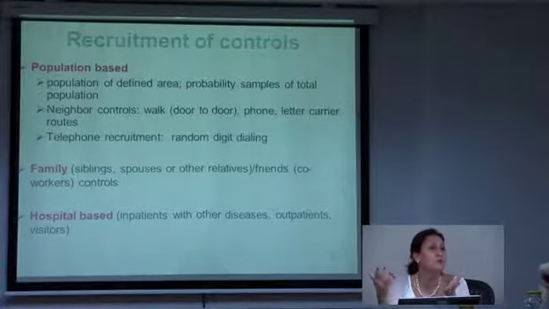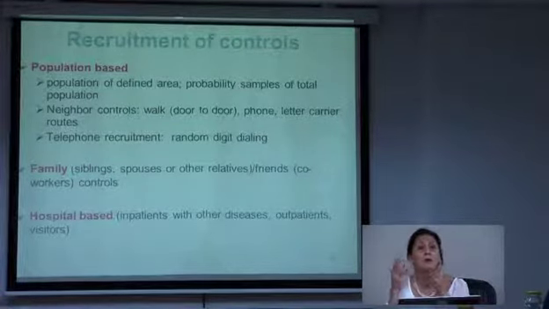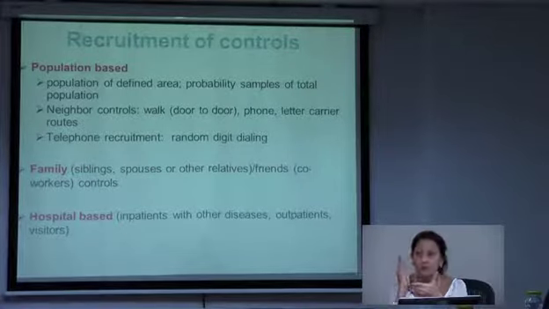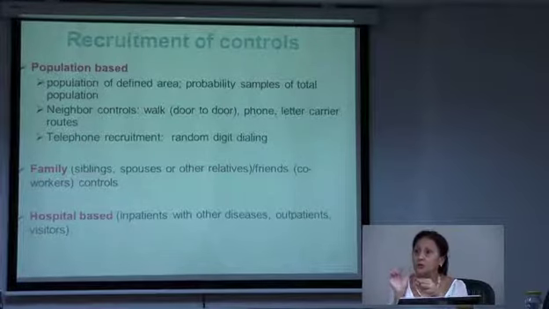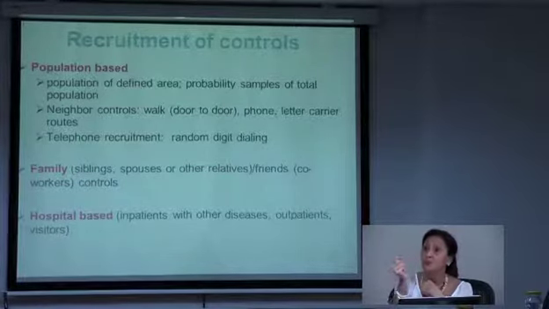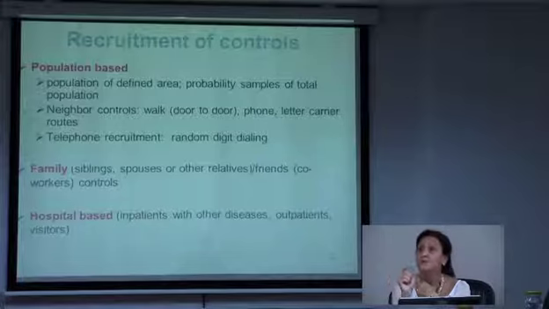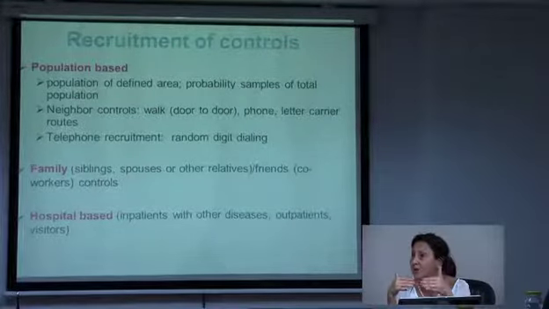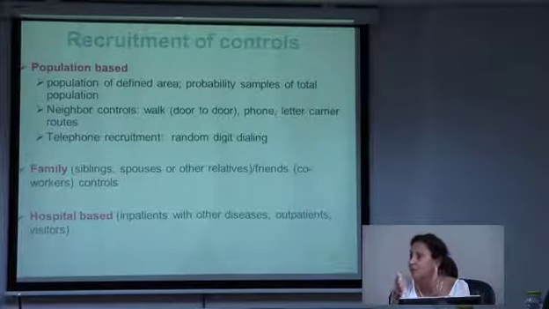For every case you can say, would you please identify the people who live with you or the immediate family, and you have a listing, and then you see who is eligible in terms of inclusion and exclusion criteria, specifically with respect to age, for example, and gender maybe, and then take a random sample, as long as these people don't have any diagnosis of cancer. Okay, so this is another option.